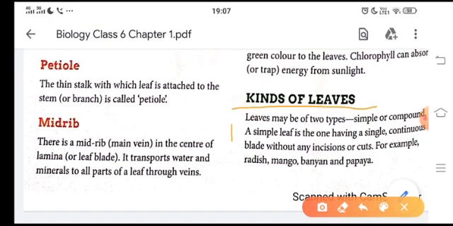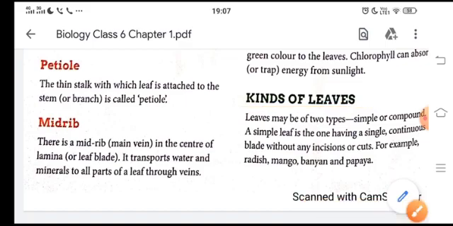That means, children, the outer margin of the leaf blade doesn't have any cuts which go to the midrib part. It has only one single blade. For example, radish, mango, papaya, and a common example is the peepal leaf, mango leaf, etc.